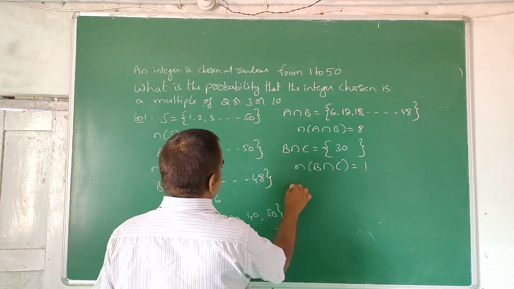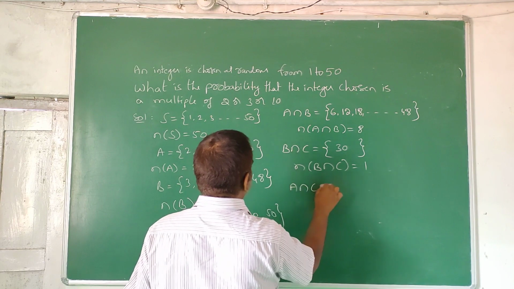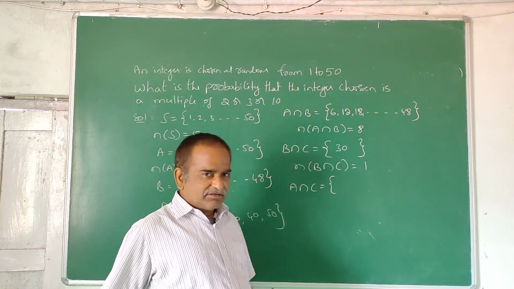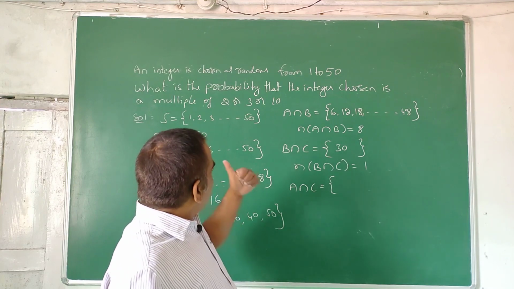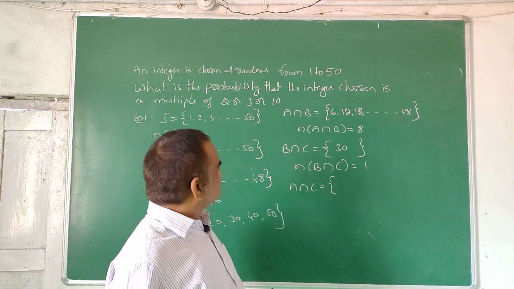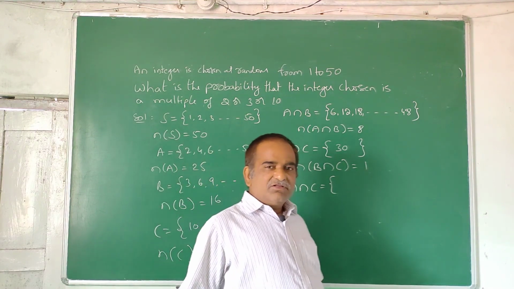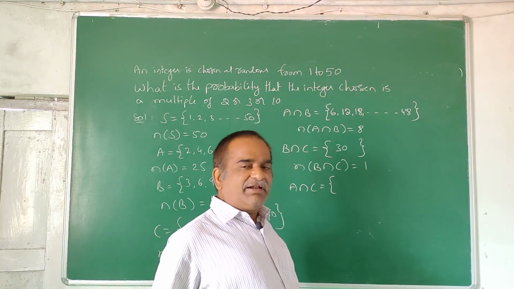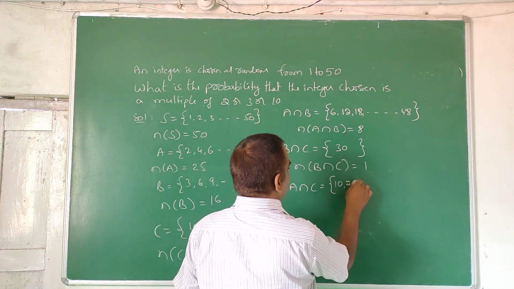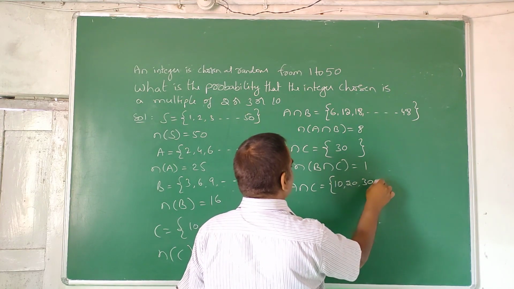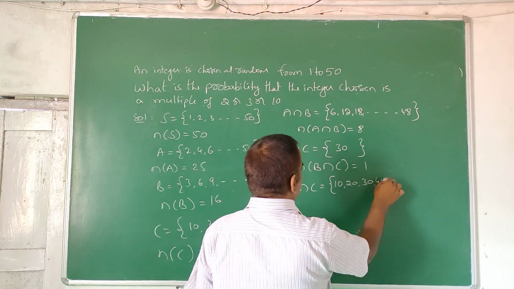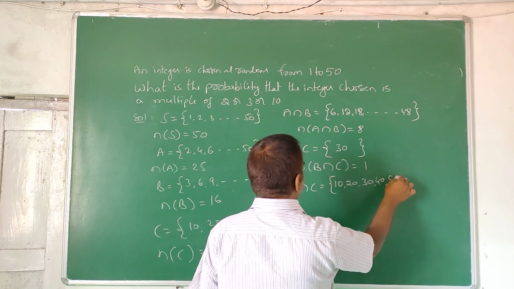Now A intersection C is a multiple of 2 and 10. It is a multiple of 2 and it is a multiple of 10. So it is nothing but a multiple of 10 then. 10, 20, 30, 40, 50.